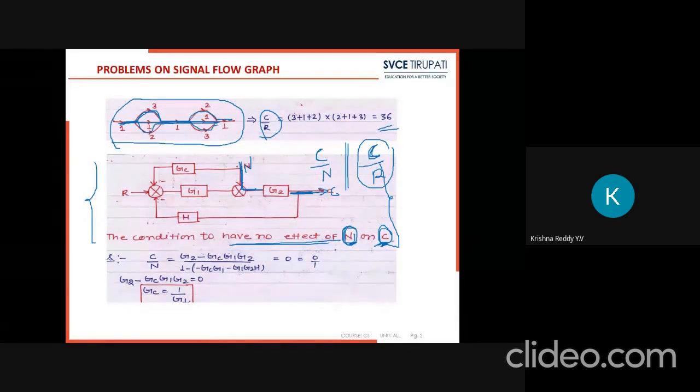C by N. Here we are having forward path 1, and also we are having one more forward path, this one. P1 is equal to G2 and P2 is equal to GC, G1, G2.